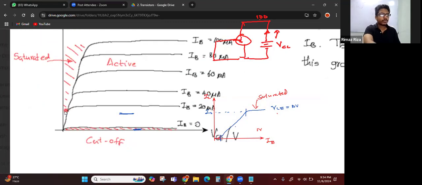But in order to have active current, you have to have a large VCE value. Understood? So then it will be active here. These are the active region. These saturate quickly because the VCE is not enough to have an active operation.